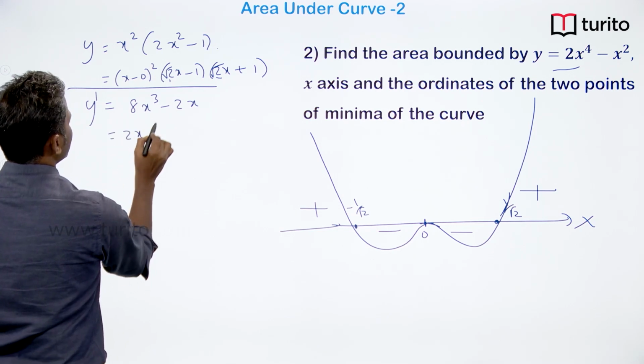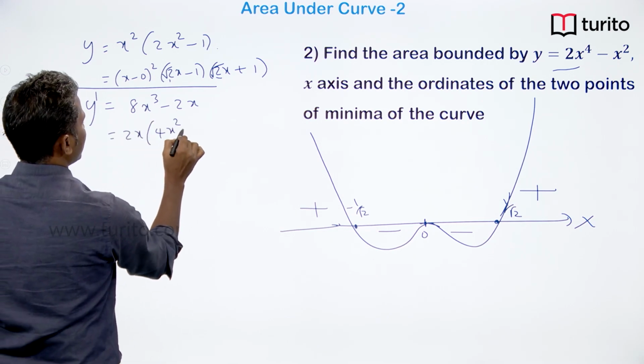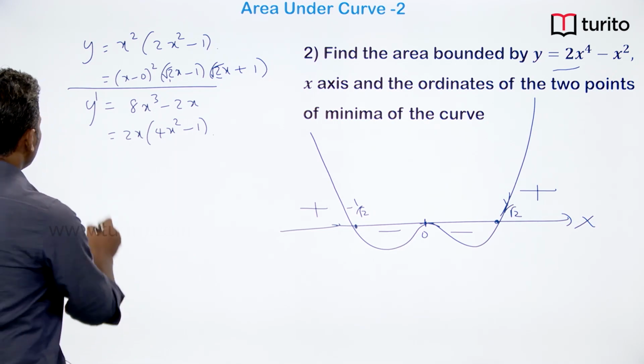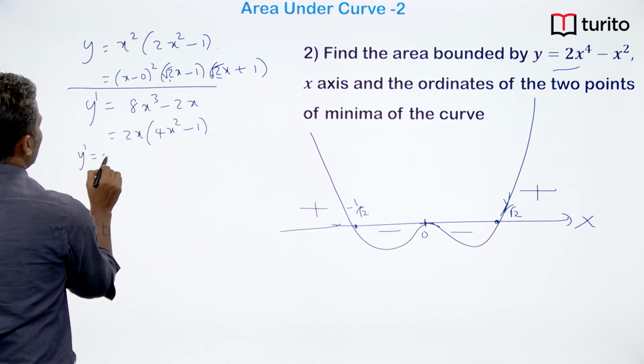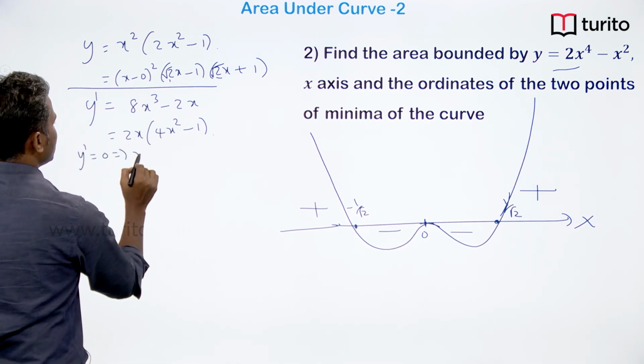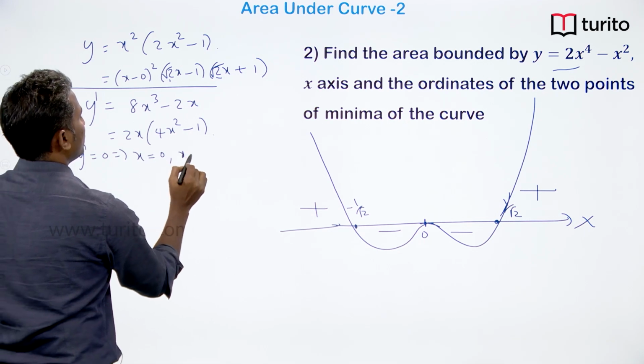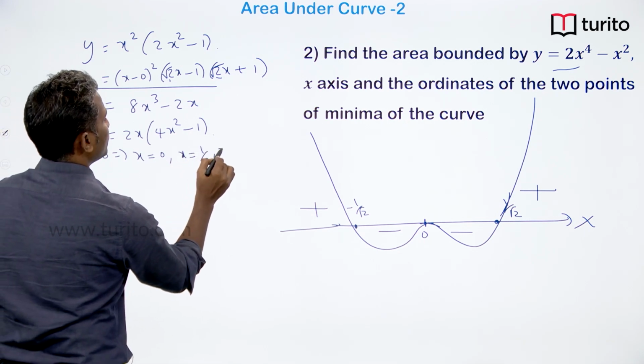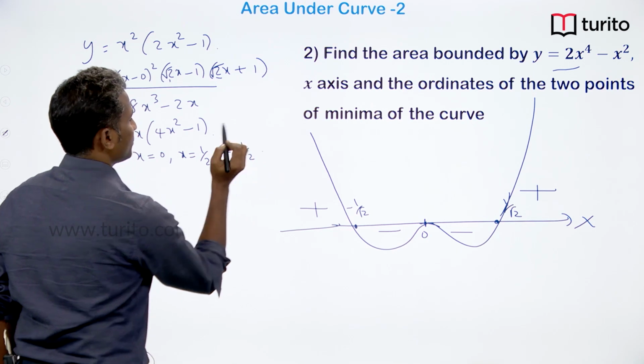If I take 2x common, I get 2x times (4x square minus 1). So, y dash is 0 at 3 values: x equal to 0, x equal to 1 by 2, and x equal to minus 1 by 2.